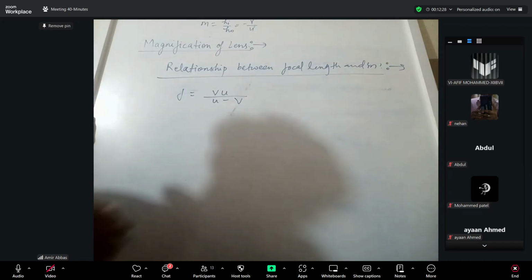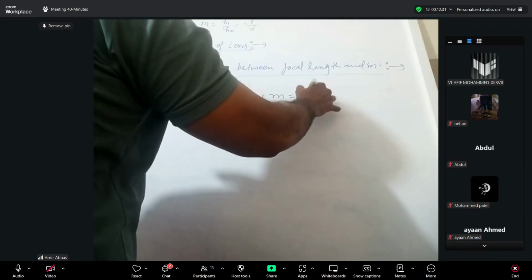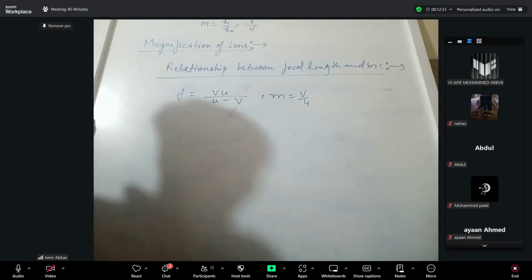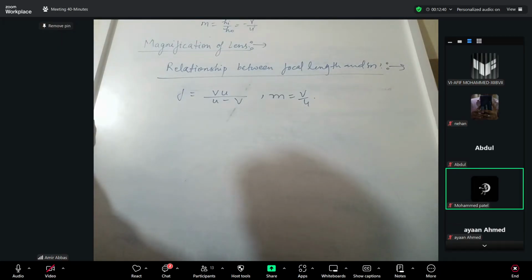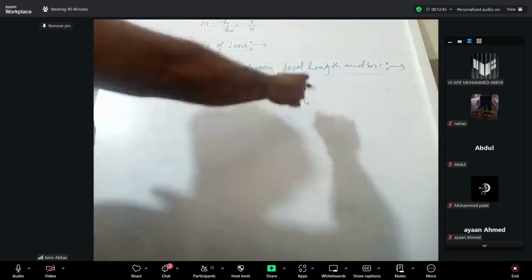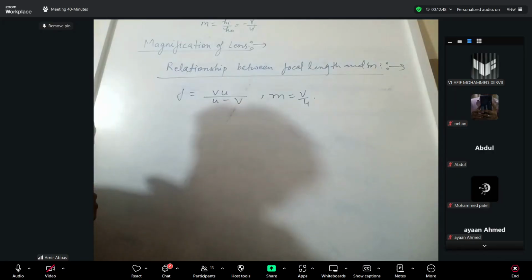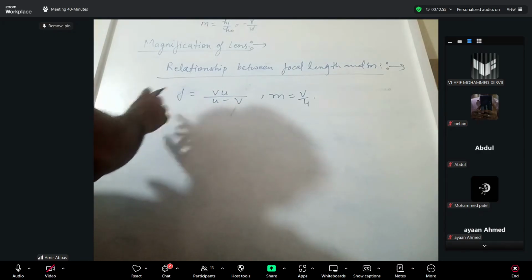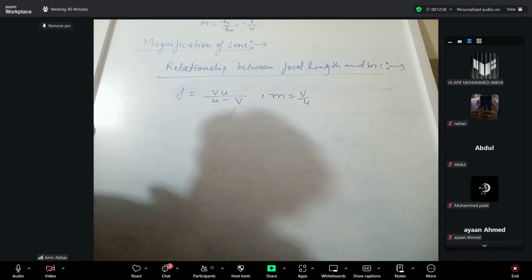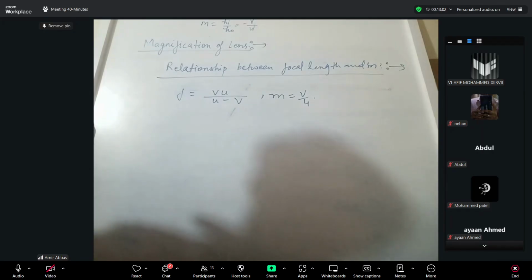What is M in terms of U and V? What we can write V in terms of F over here, or U in terms of F?